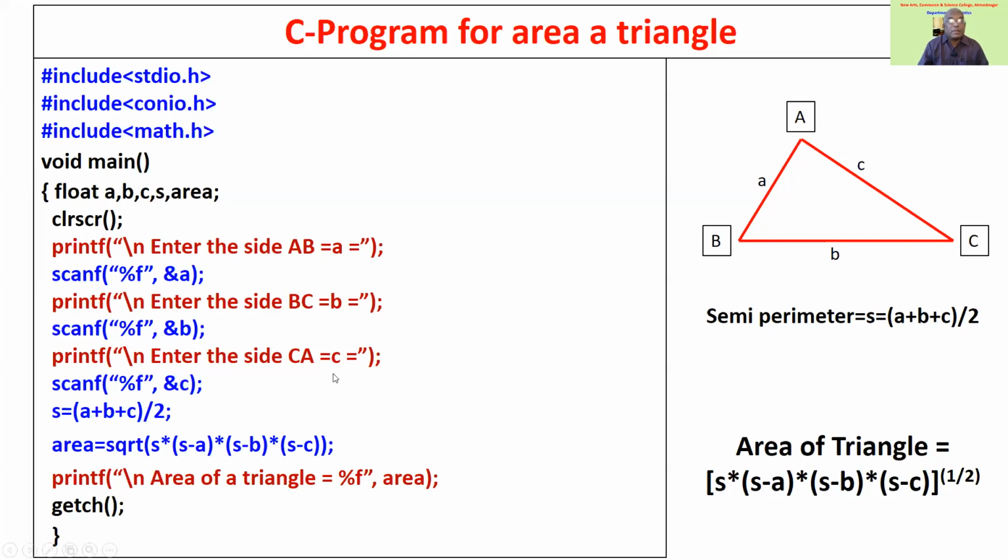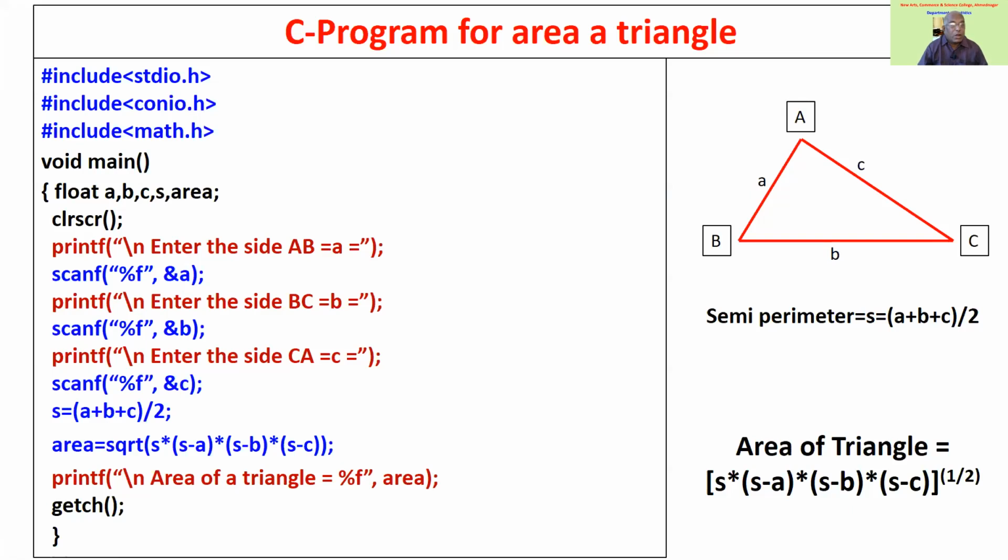Third message, enter the side CA, which is C. Again you enter a floating point value against C. So these six statements are just for data entry. But this data entry will be very accurate because every time you get a message about what to enter, and once you get a message, you will enter accordingly.